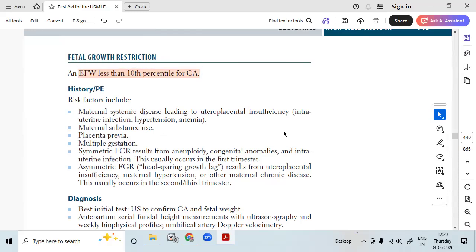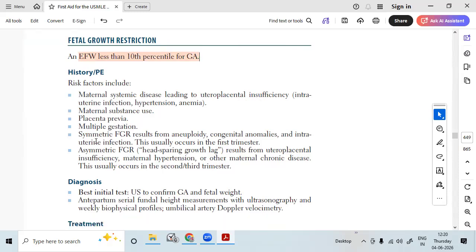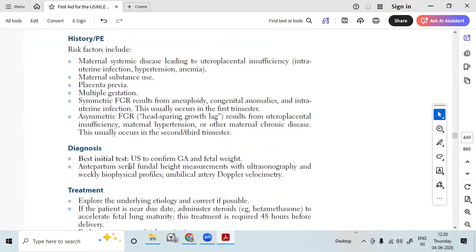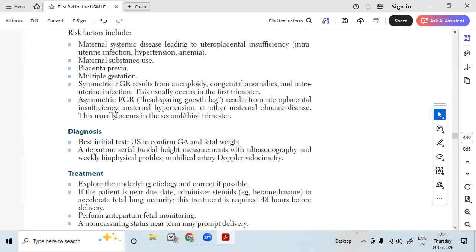Other causes: maternal substance abuse, placenta previa, multiple gestation. Symmetric FGR results from aneuploidy, congenital anomalies, and intrauterine infection, and this usually occurs in the first trimester. Asymmetric fetal growth retardation, head sparing growth lag, results from uteroplacental insufficiency, maternal hypertension, or other maternal chronic disease.